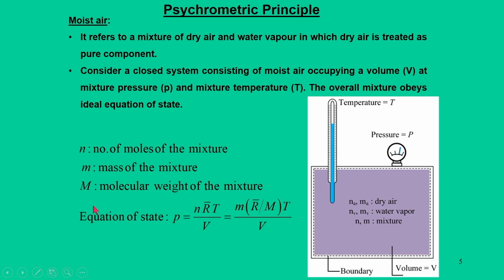And of course, since it is a vapor, we can also use the ideal equation of state for water vapors, in which M is the molecular weight of the mixture. Now, when you say molecular weight of the mixture, we have to say dry air as well as the water vapors. So, you can use that equation of state to find out the mixture pressure.